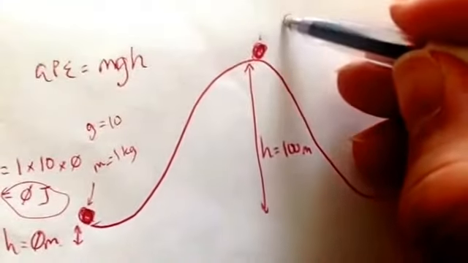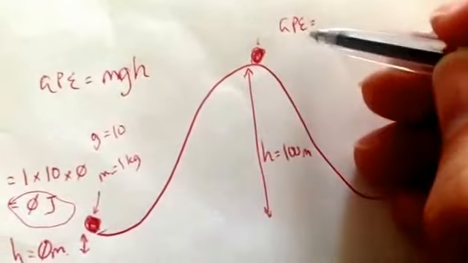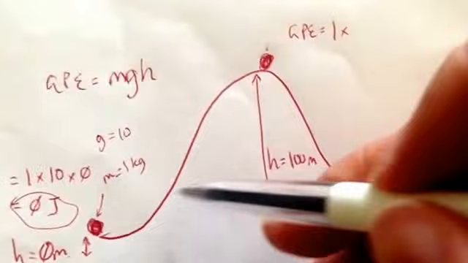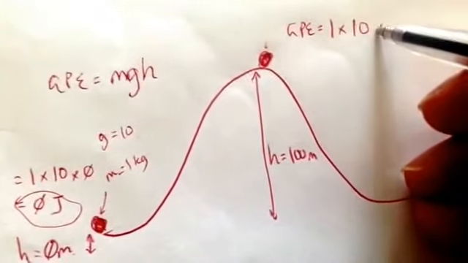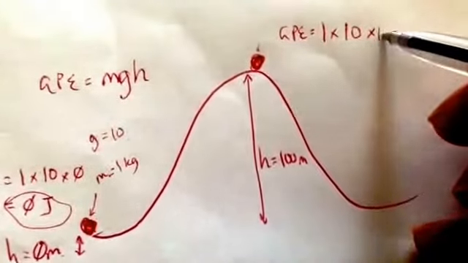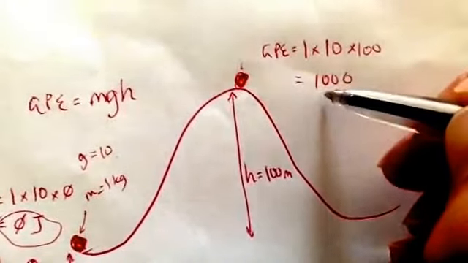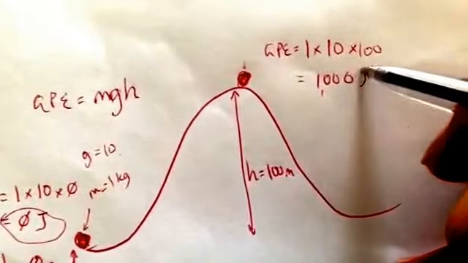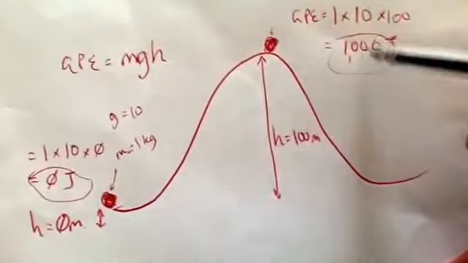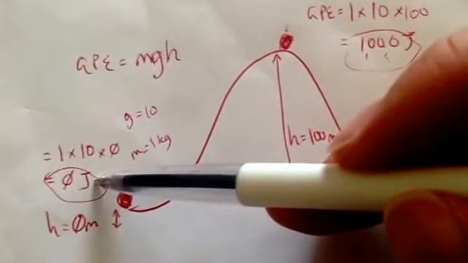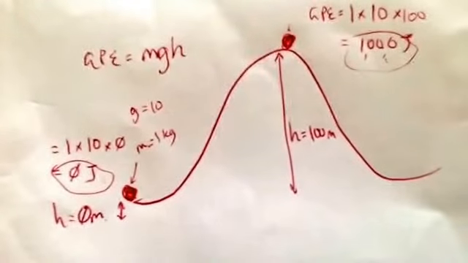Whereas if you find the GPE at the top, we got 1 kilogram for the mass, times 10 for G, times the height, which is 100. Now you have 1000 joules. So you can see, the bigger the height, the more the gravitational energy. The smaller the height, the less energy for gravitational potential.